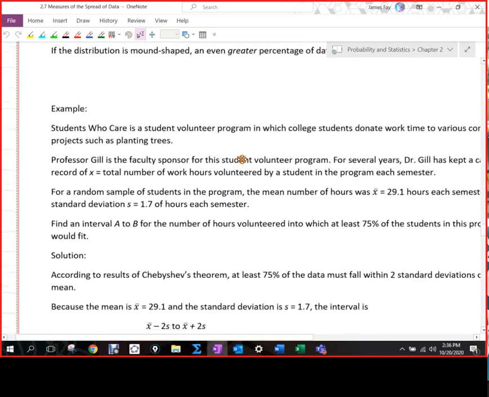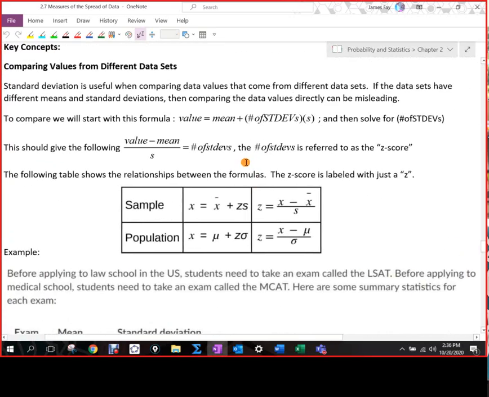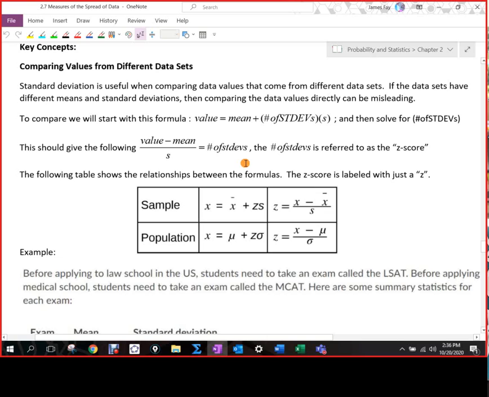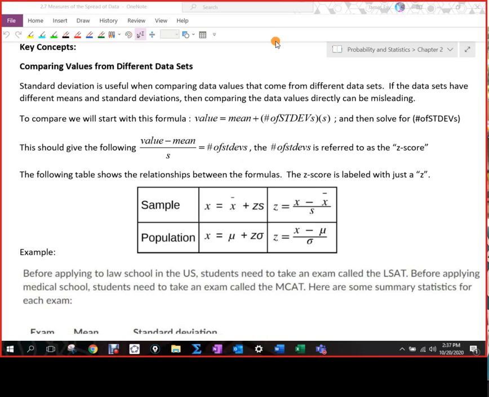Yesterday when class ended, I wanted to start talking about what we call z-scores, or standard scores. I'm going to skip through this explanation right here. I'll let you guys read that on your own. But what a z-score is basically, and I think we talked about Lucas yesterday, we talked about heights of everybody.